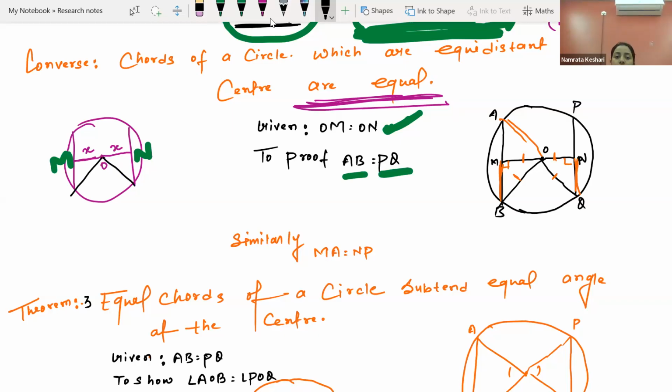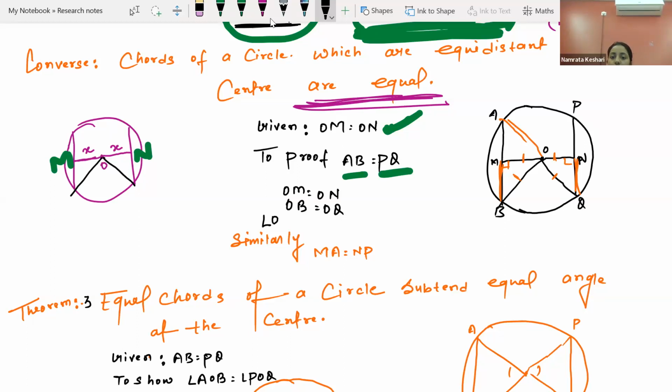You know OM is equal to ON. You know the radius OB and the radius OQ are the same, and what else, 90° here, 90° there, because the distances are the same, that means the perpendicular distances are the same.